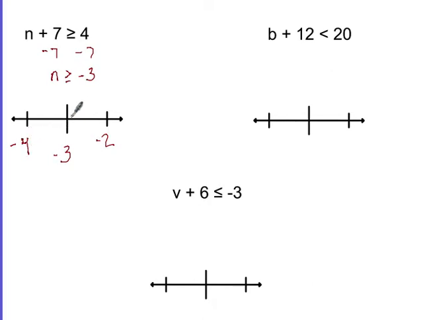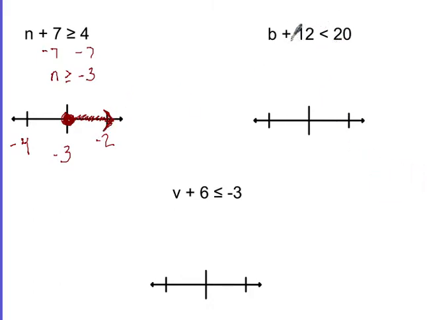Negative 4. Okay. Open or closed circle? Closed. Closed circle because it has the equal sign. And then greater than means right. To the right, to the right.